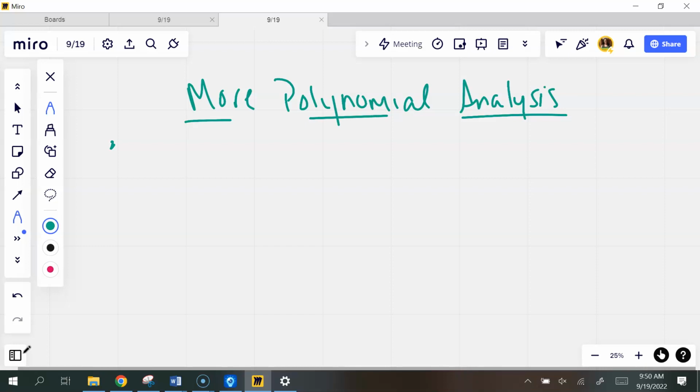By the time we finish polynomial analysis, you will have 10 or 12 things that you're finding for every polynomial. So far, we have done end behavior, and that is it.